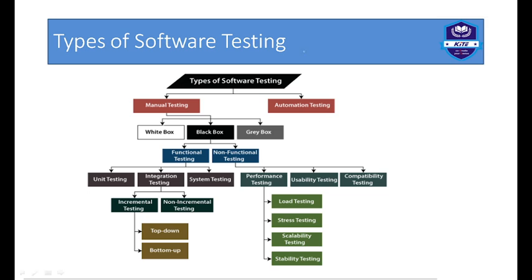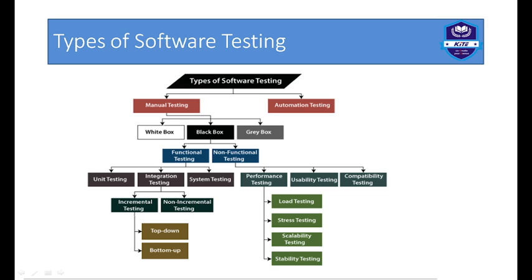So far we have discussed manual testing, which is further divided into white box and black box testing. Black box testing is further divided into functional and non-functional testing, and functional testing is divided into unit, integration, and system testing. Integration testing is divided into incremental and non-incremental.